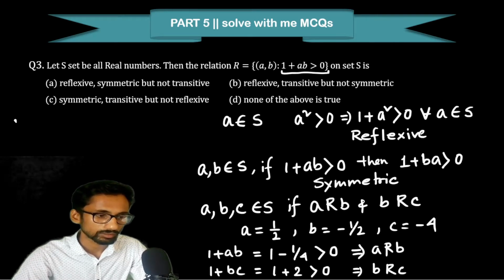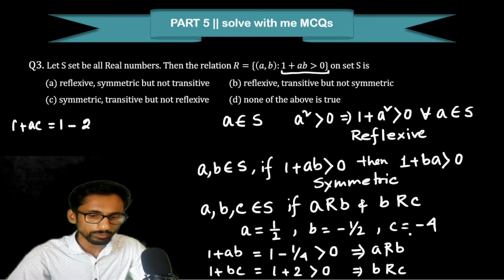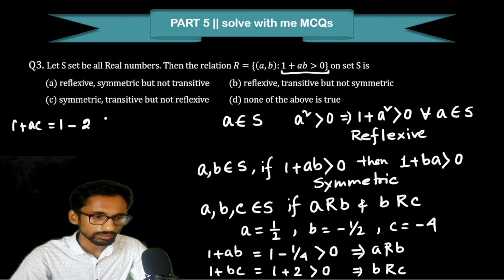But 1 plus ac, which is equal to 1 minus half into 4, that is minus 2, is going to be less than 0. That means a is not related to c.